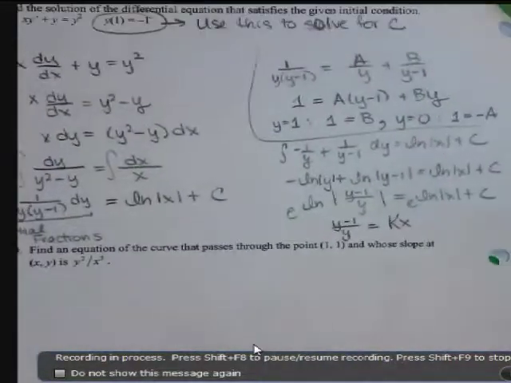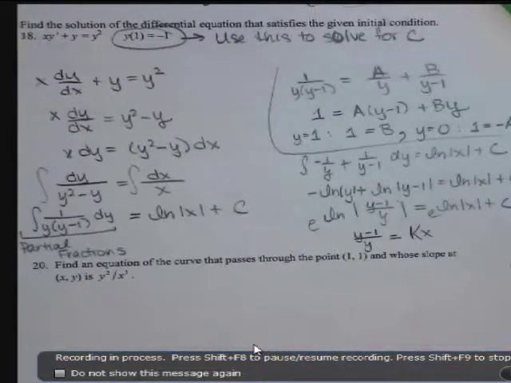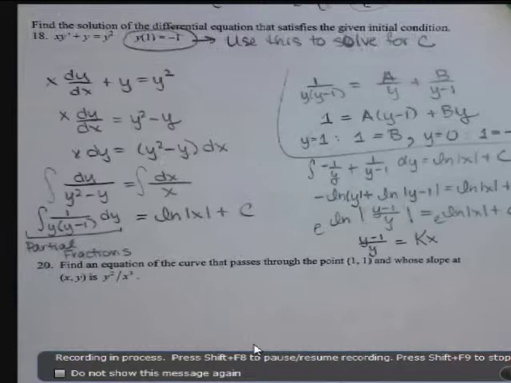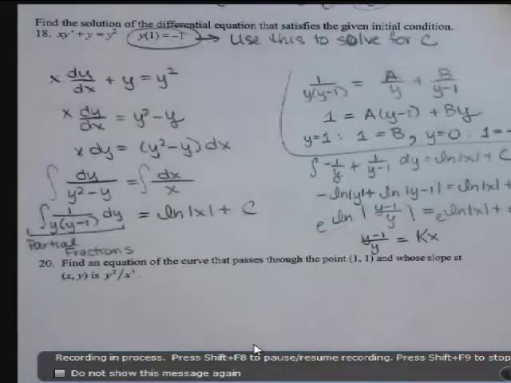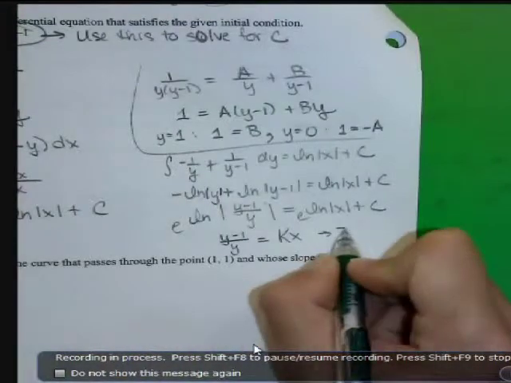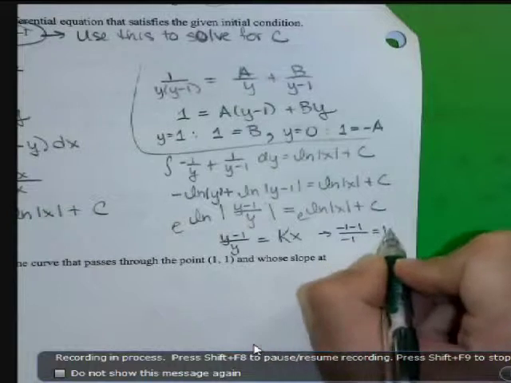So what am I plugging in for x? One. And for y? Negative 1. So we get negative 1 minus 1 over negative 1 equals k times 1.